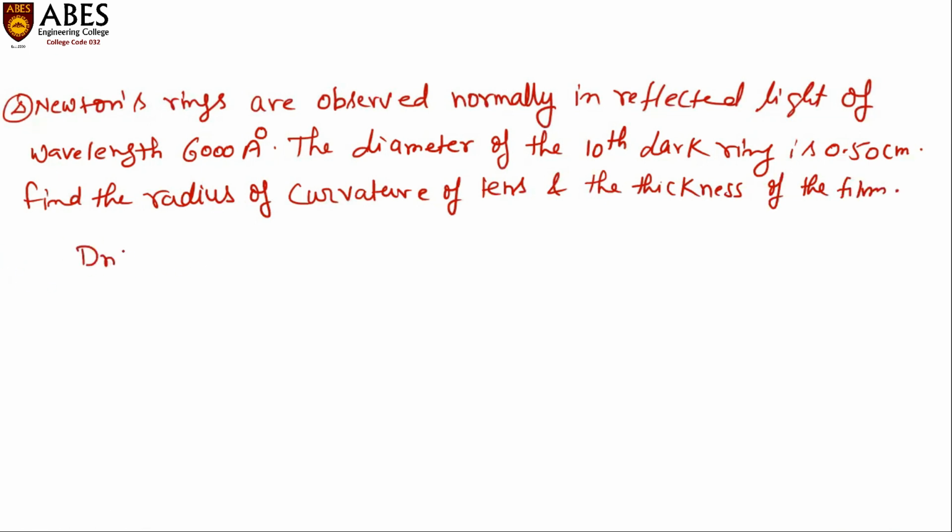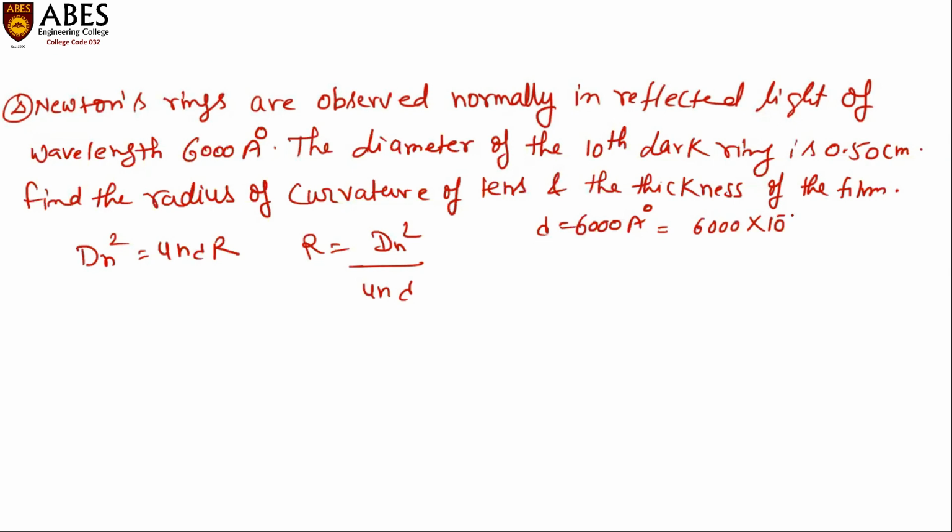We know Dn square is equal to 4n lambda R. This is the condition for the diameter. We can write R is equal to Dn square by 4n lambda. Here lambda is equal to 6000 angstrom, which in centimeter comes to 6000 into 10 to the power minus 8, or 6 into 10 to the power minus 5 centimeter.